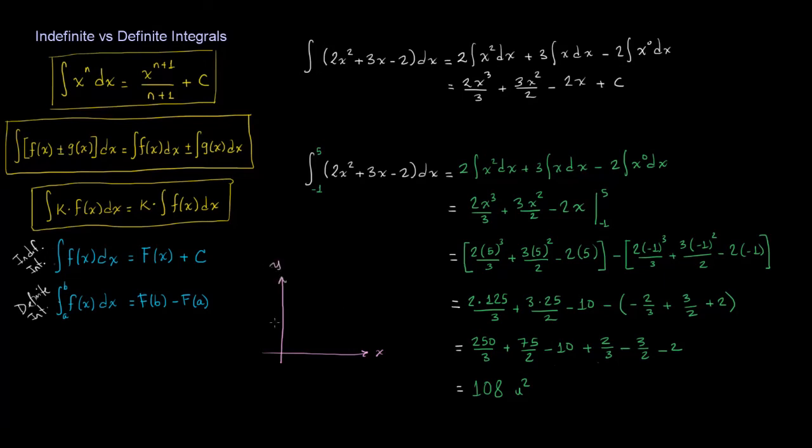For example, this graph will look something like this, and then you would have the interval between -1, which is here, and, for example, 5. These 108 represent, just as in the Riemann sum case, this area between the function and the x-axis, and that will be it with this example.